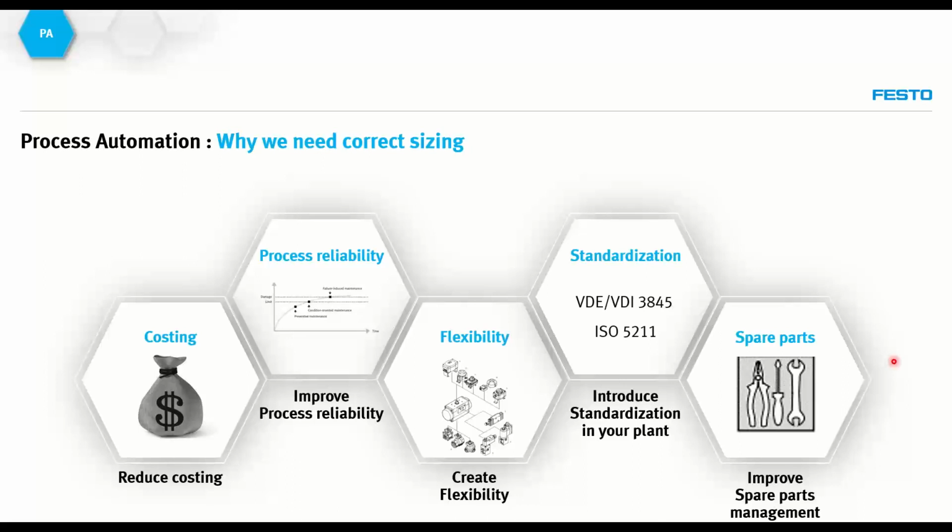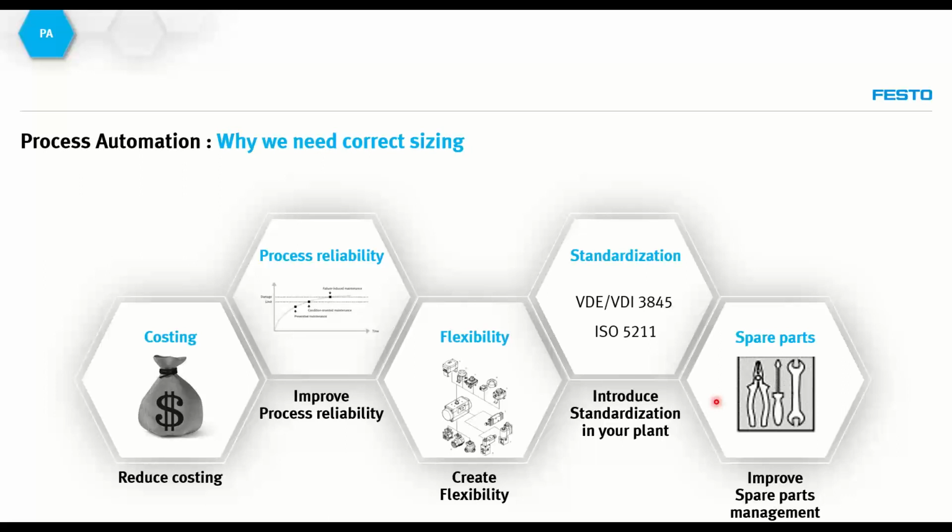Also, when it comes to flexibility, when we are selecting the correct sizing for our actuator, we are offering great flexibility in our installation with different process valves and control elements. Also, when it comes to the interfaces, the ISO standards, we are having standardization in our plant with the common available standard interfaces.